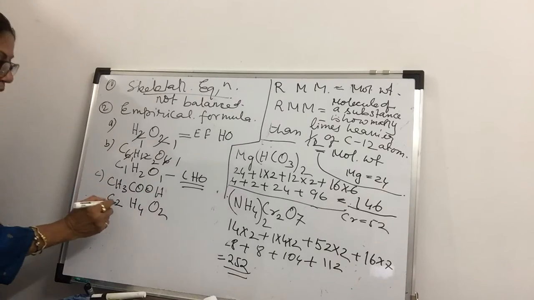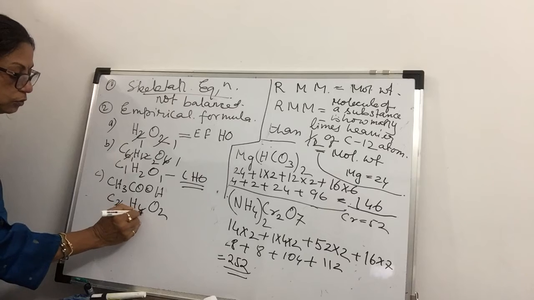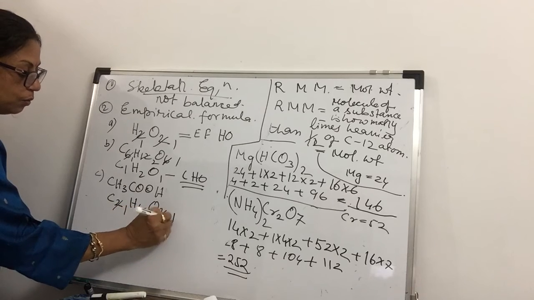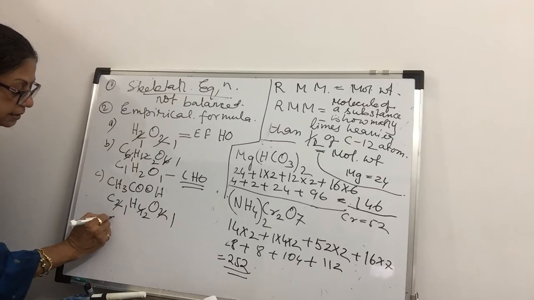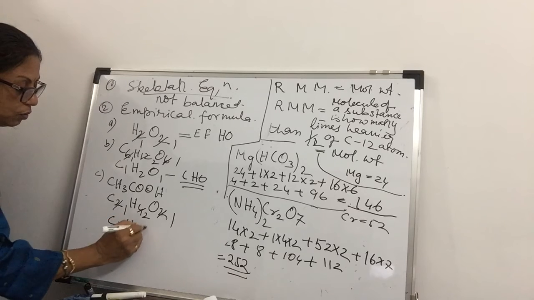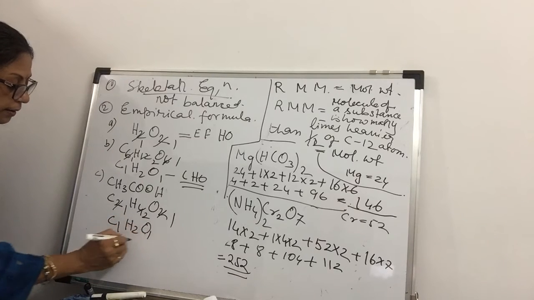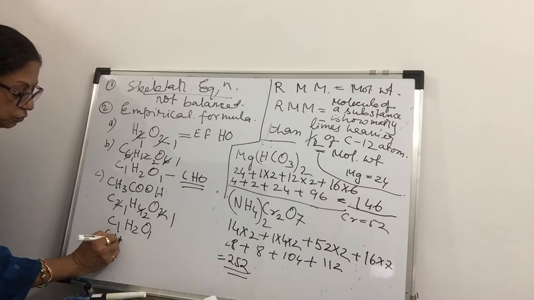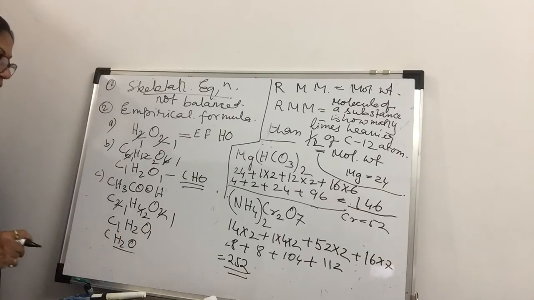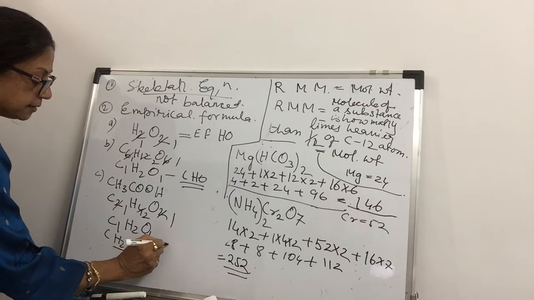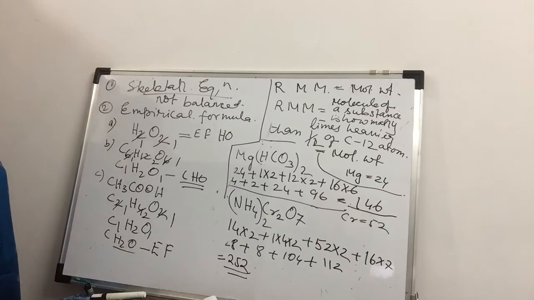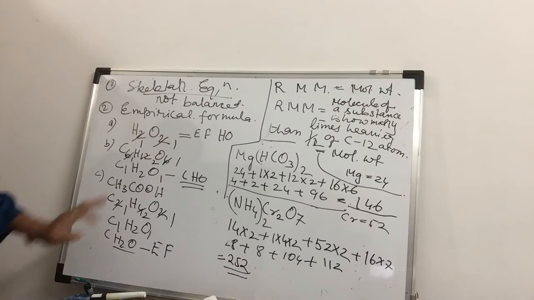So how do I do it? 2 ones are 2, 2 twos are 4, 2 ones are 2. So C1H2O1, or CH2O, is the empirical formula of acetic acid. Correct. This is how you can find it out.